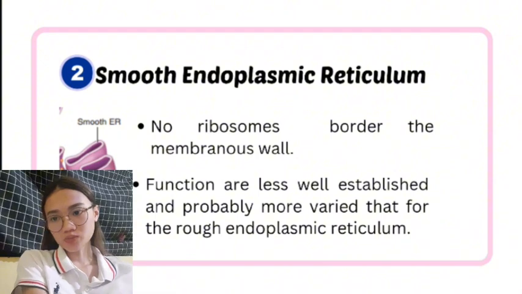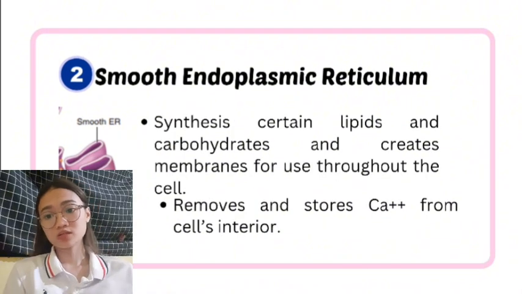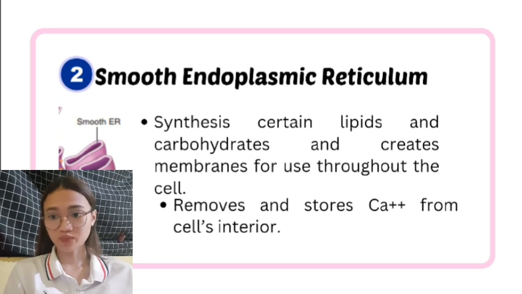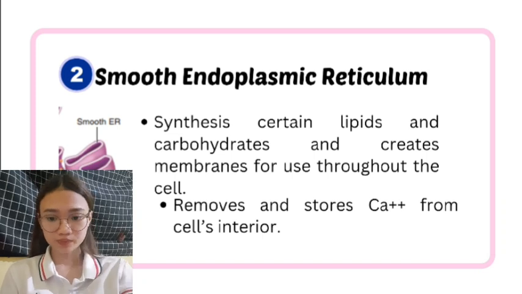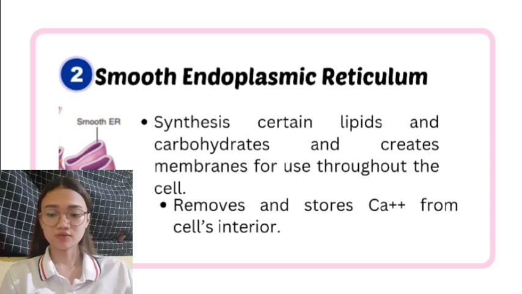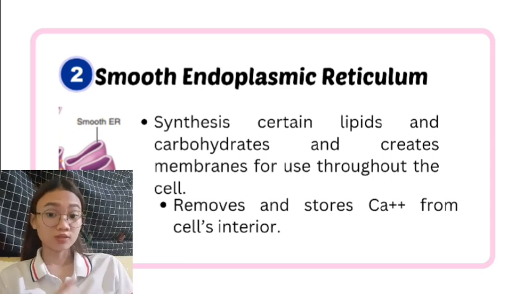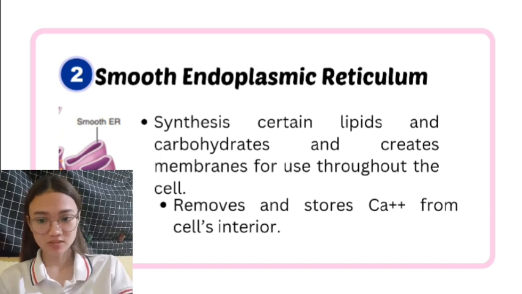The smooth endoplasmic reticulum synthesizes certain lipids and carbohydrates and creates membranes for use throughout the cell. The SER also removes and stores calcium ions. So, tinatransport niya yung calcium ion sa bawat sacs.